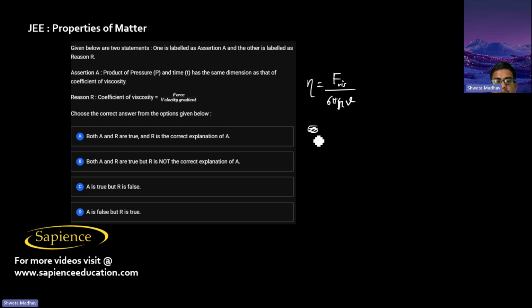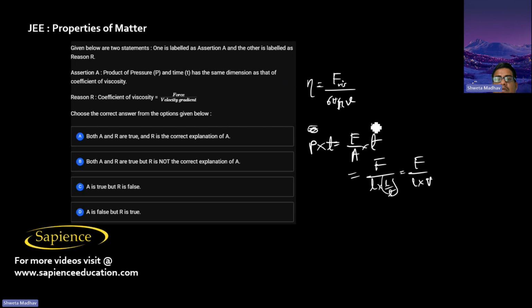The product of pressure and time is force by area into time, which is force by length into speed v.